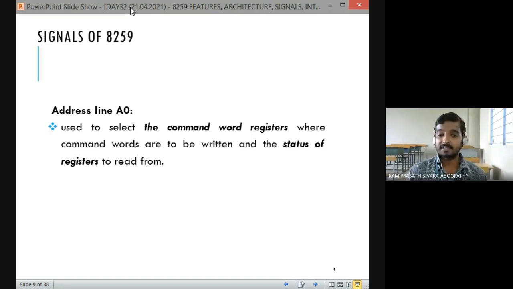When we are writing some command words, A0 must be 1. For some other command words, A0 must be 0. There is a sequence of writing the command words that we will discuss later. So A0 has a role. A0 decides which command word we are writing to 8259.